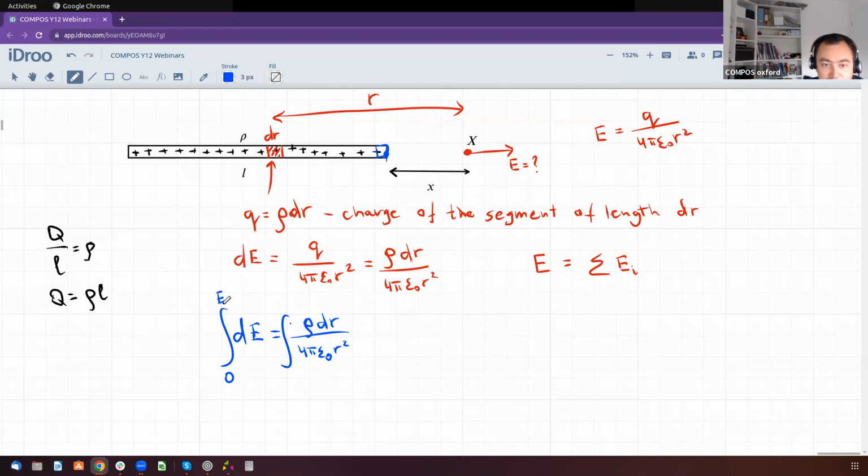E is the total, let's call it E total, ET. And this changes along the length of the wire. Well, you go from x to x plus L.